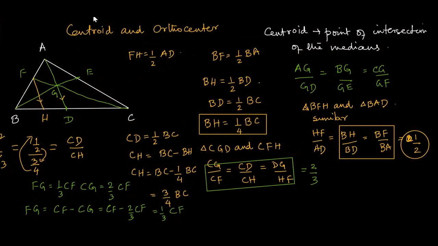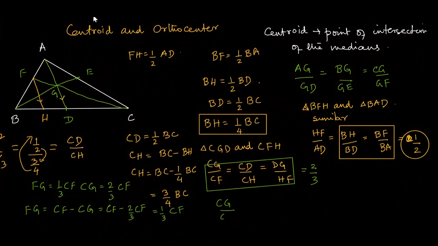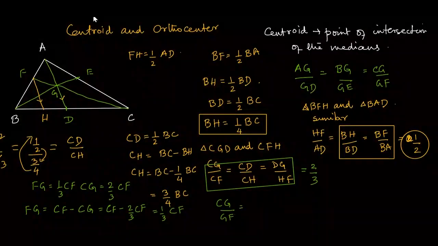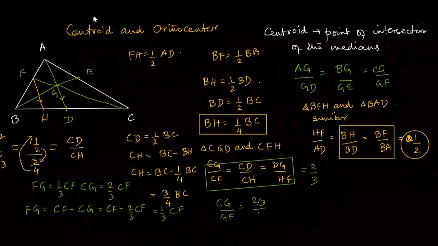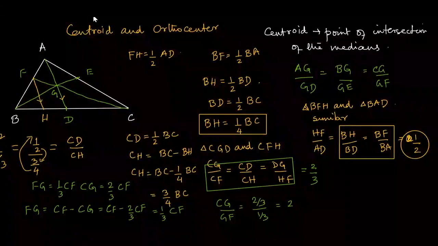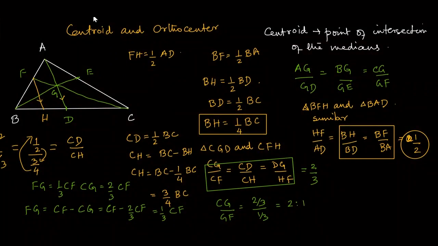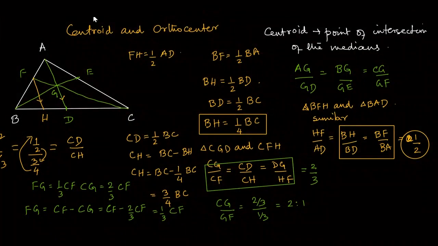So CG by GF will be equal to 2/3 by 1/3, that is 2 is to 1, correct?